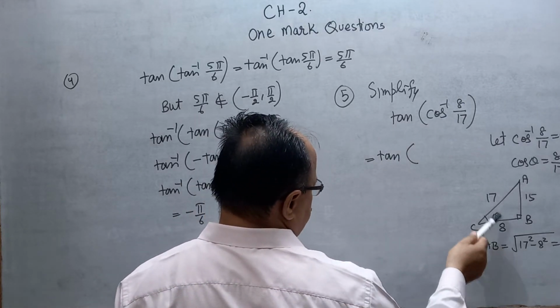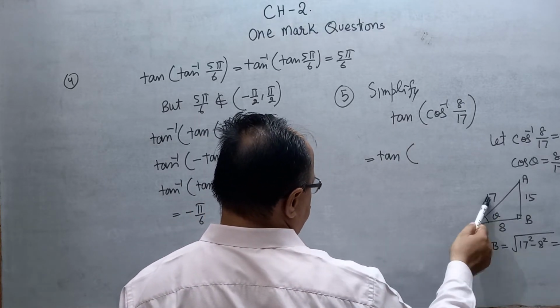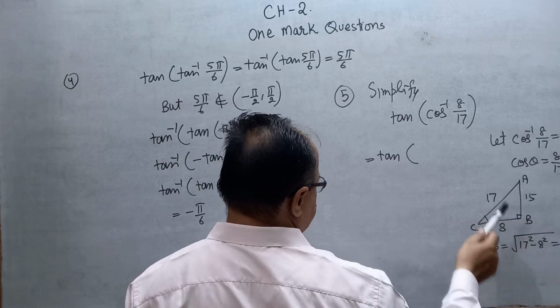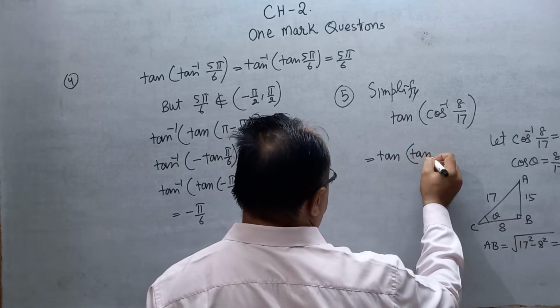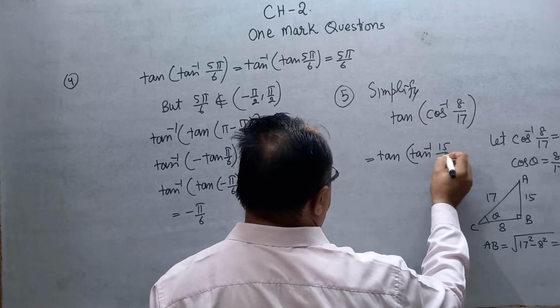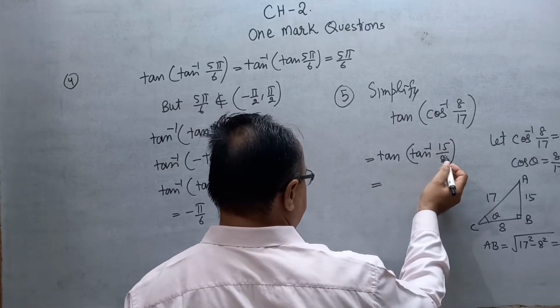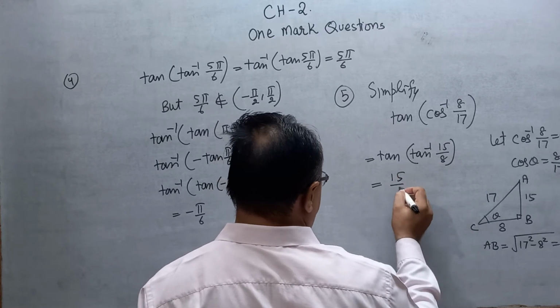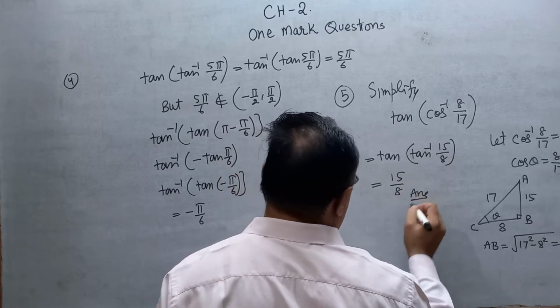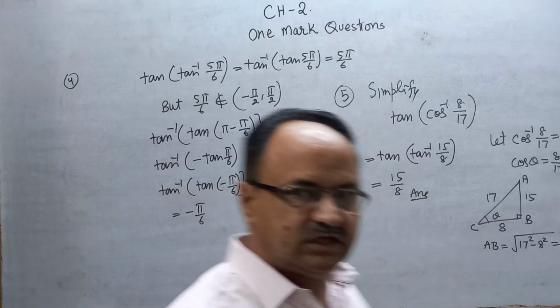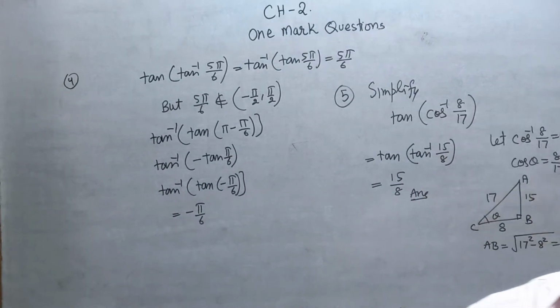You know that cos is this by this, sin is this by this, but tan is perpendicular upon base. 15 by 8 you can write. So this is the result, the answer. Clear? You can simplify every question using the triangle.